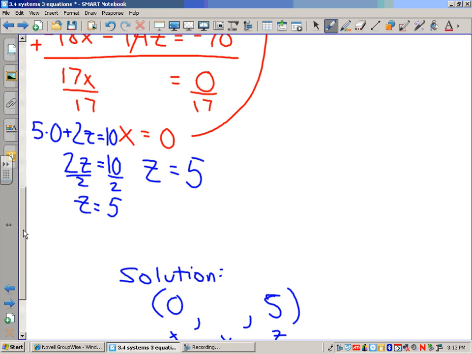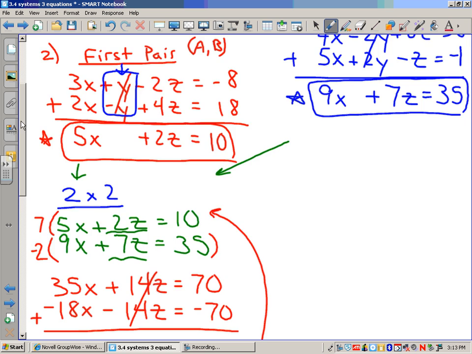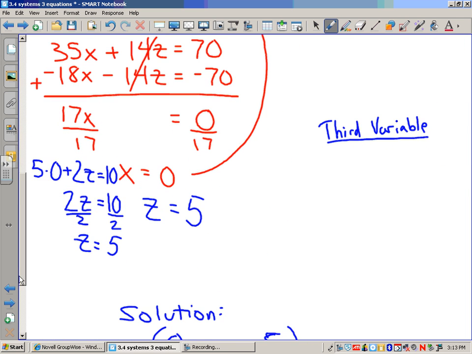Now what we need to do to find that third variable is pick any equation that you start with. So I'm just going to go way back up here, and let's say I take A. 3x plus y minus 2z equals -8.